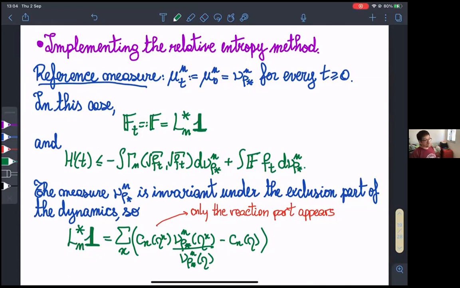And so once you have done that, you can be more ambitious and say, okay, now that I know the limit, I can make a better guess for the stationary state.